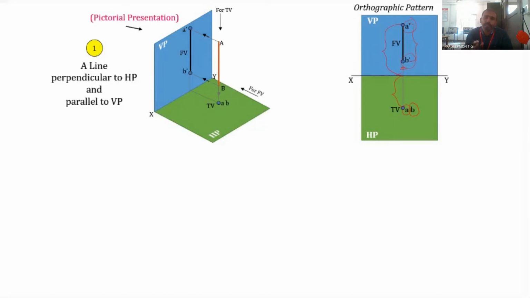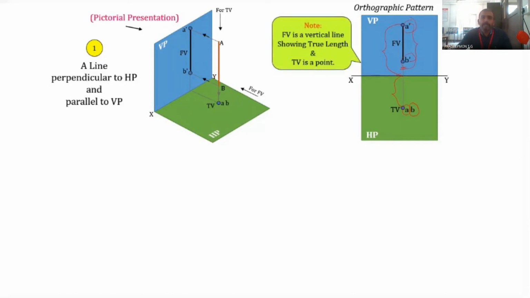This is a fact that you have to keep in mind, and that is important for completing most of our other drawings also. The front view as well as the top view of a point will be lying on the same vertical line, the same projector line. That you should never forget.